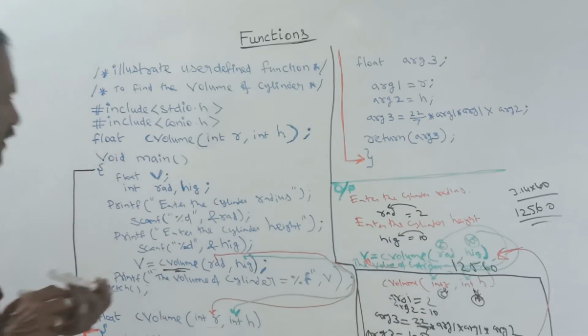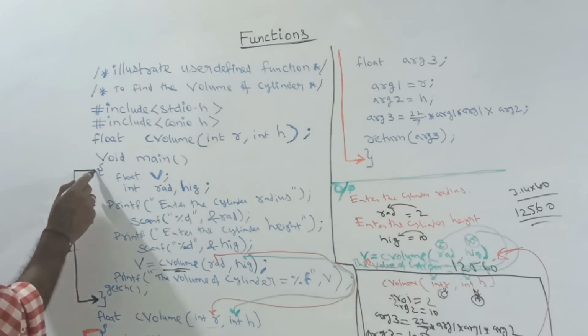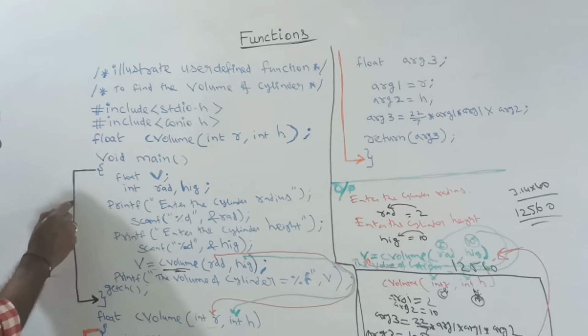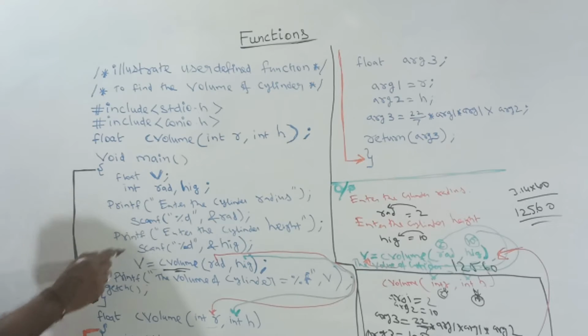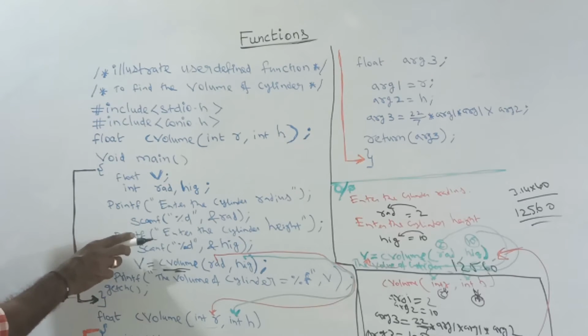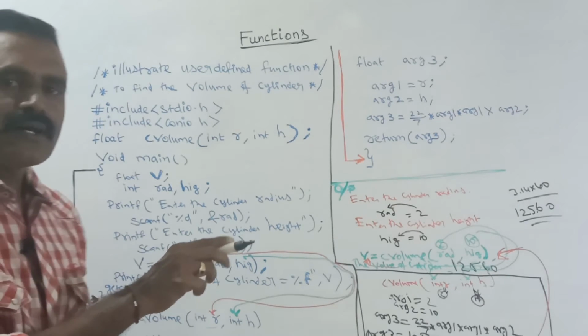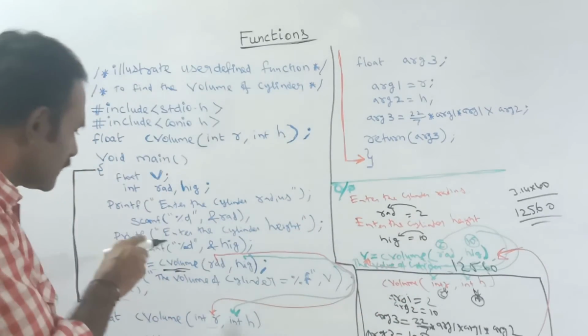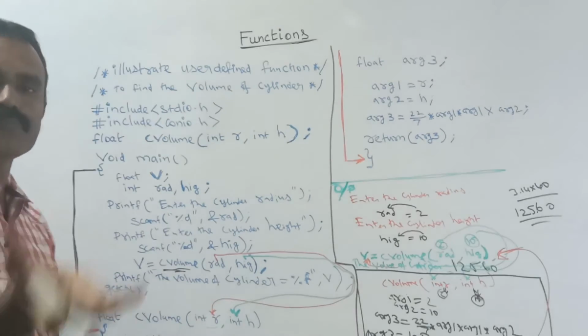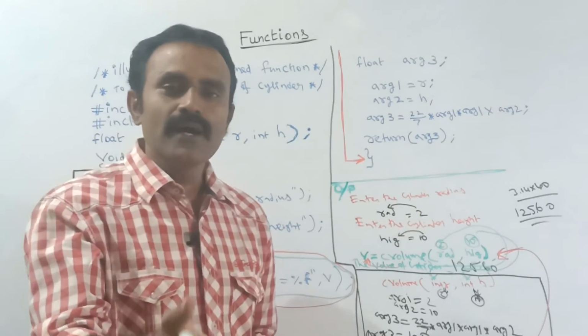See, once we run the program, the controller will execute from here to here only. Suppose inside there is any function, user defined or built-in, then the controller will jump to that function.